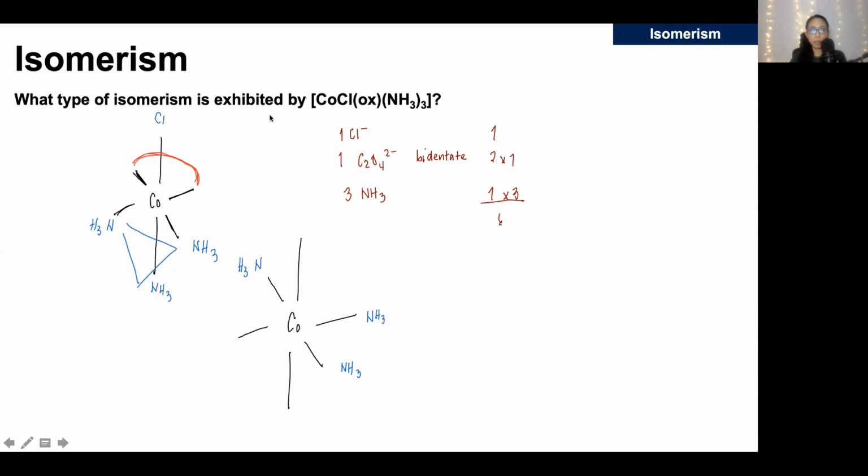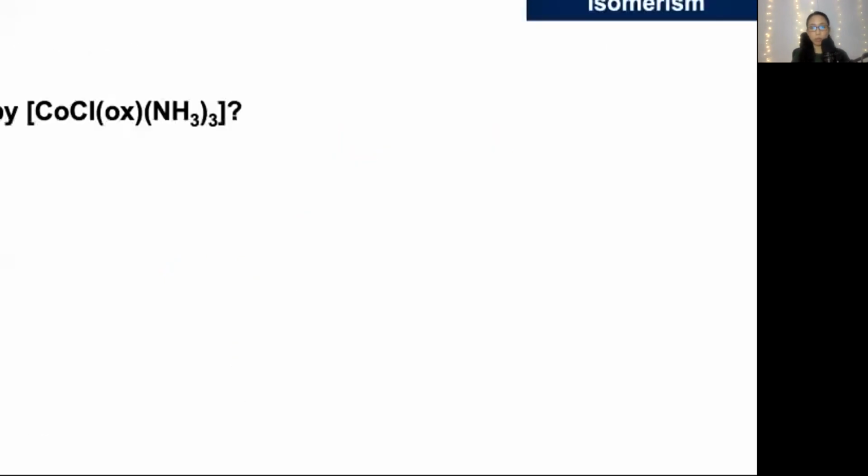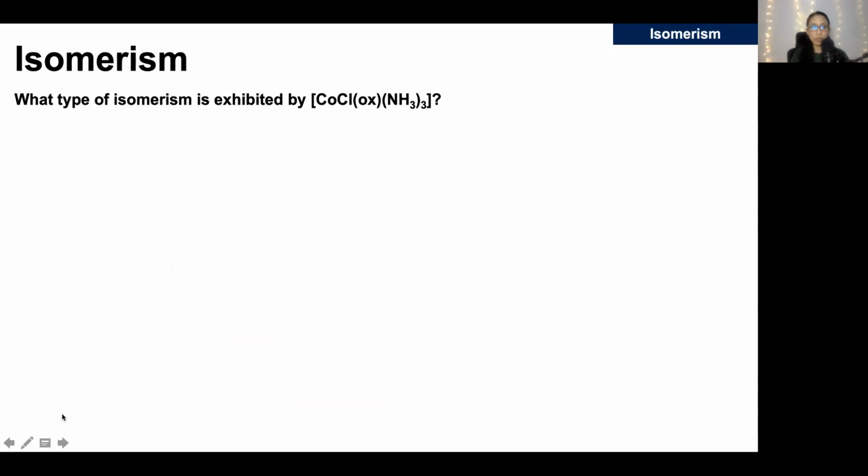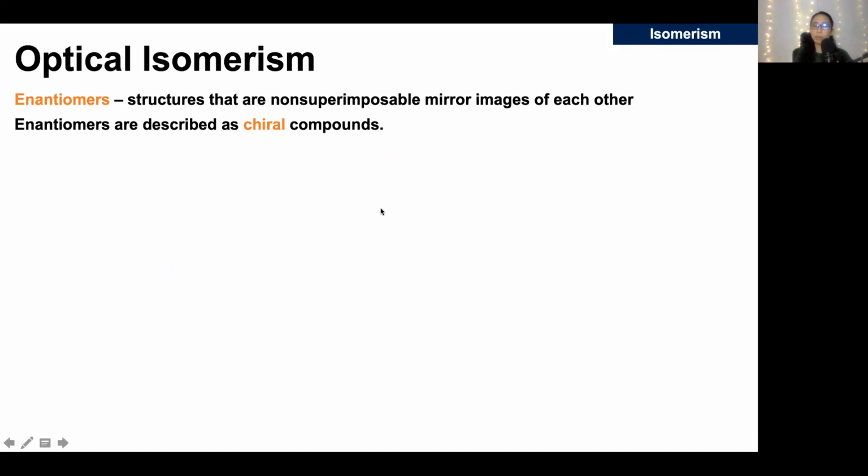Your chlorine can still be in the same position, but your oxalate is attached this way: one attachment is in the equatorial position and the other attachment is in an axial position. So we have geometric isomerism, to be specific, FAC-MER isomerism. Okay, that's the answer.